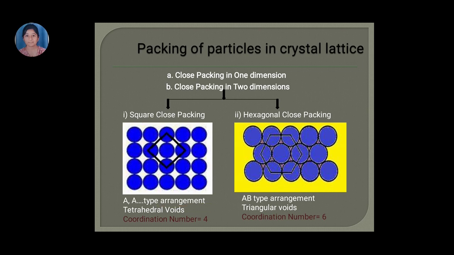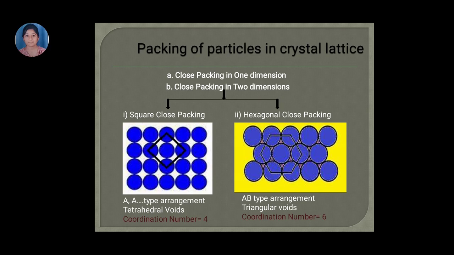Let us move to the hexagonal close packing. In this kind of packing, if you see the single series of atoms, that is combined with the second series of atoms. Unlike square close packing, here the atoms in the second series are arranged in the depressions of the first series.